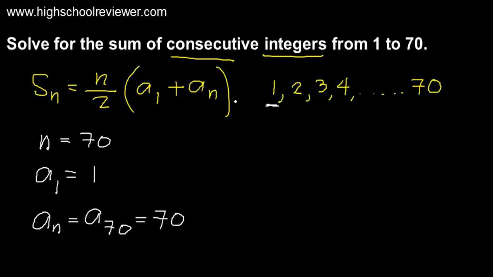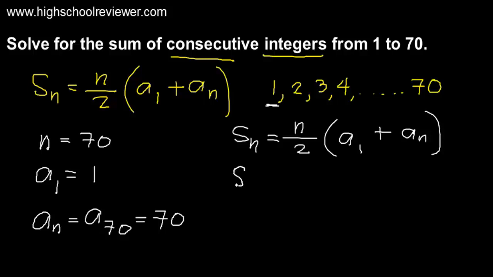Using the equation S sub n equals n all over 2 multiplied by a sub 1 plus a sub n, we can rewrite this as S sub 70 equals n, again 70, divided by 2, multiplied by our first term, positive 1, plus our a sub 70, which is 70.